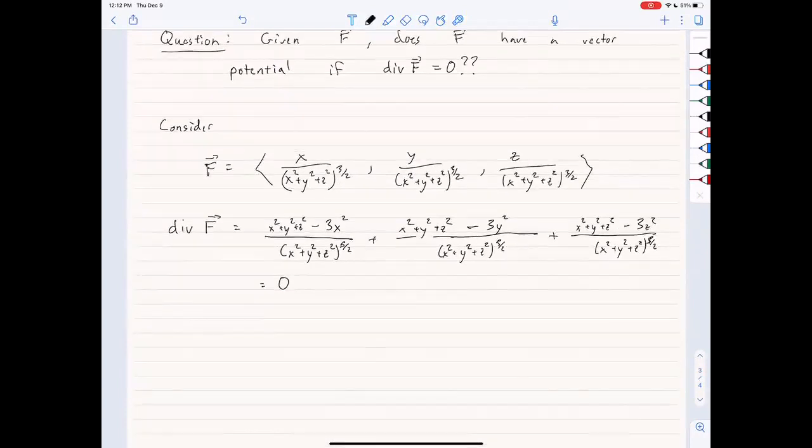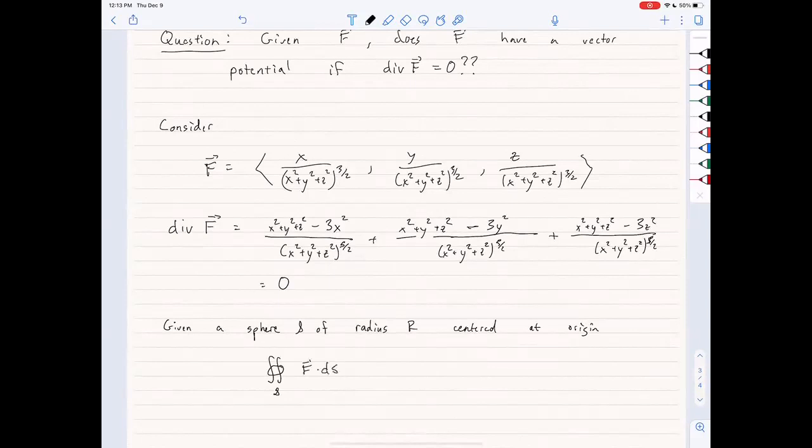Let's take a sphere. So given a sphere of radius r centered at the origin, we can compute this double integral over S, oriented outwardly, of F dot dS.